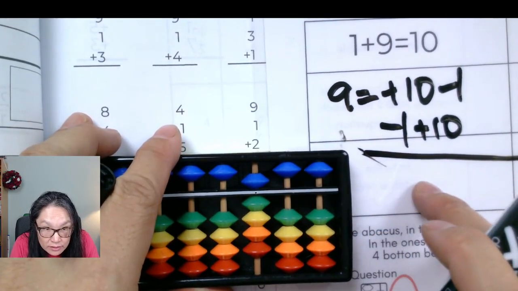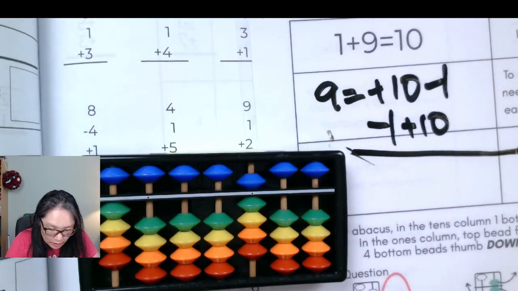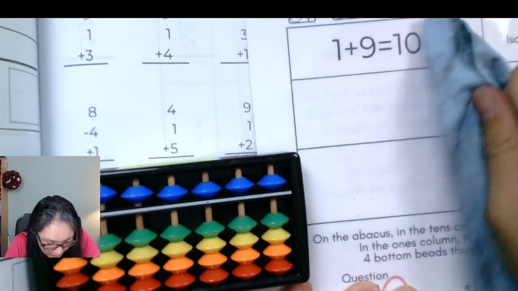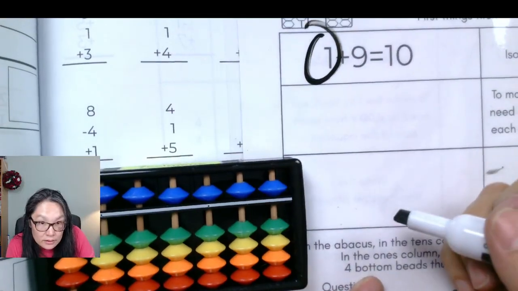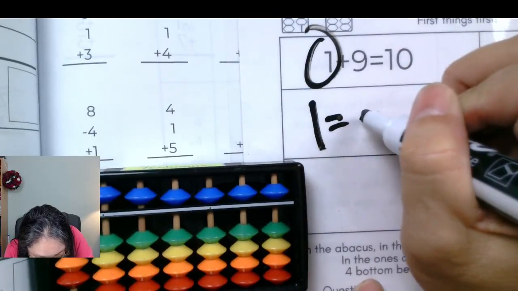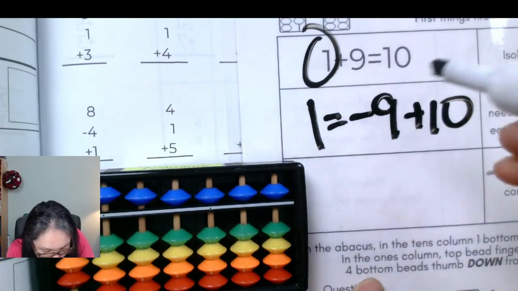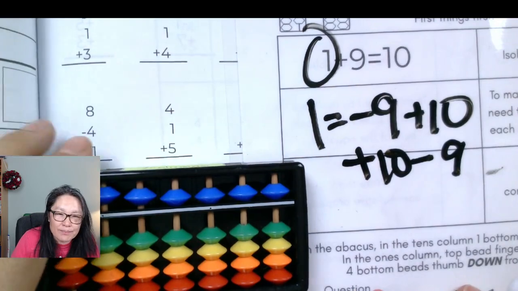Nope, I'm wrong. Sorry. Everybody else is right. I'm always used to doing the other way. There we go. 1 is equal to minus the 9 plus the 10, or plus the 10 minus the 9. Yep. Sorry, my bad.